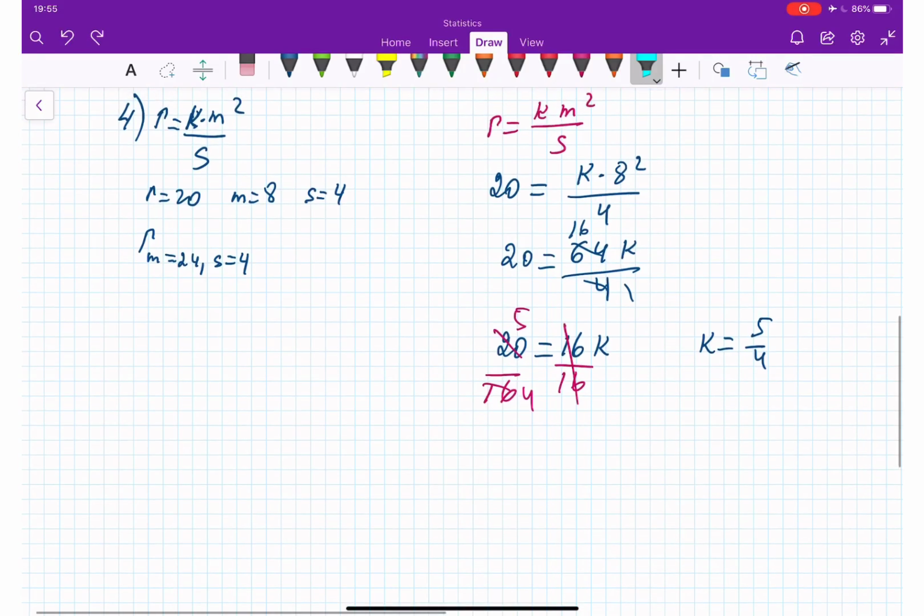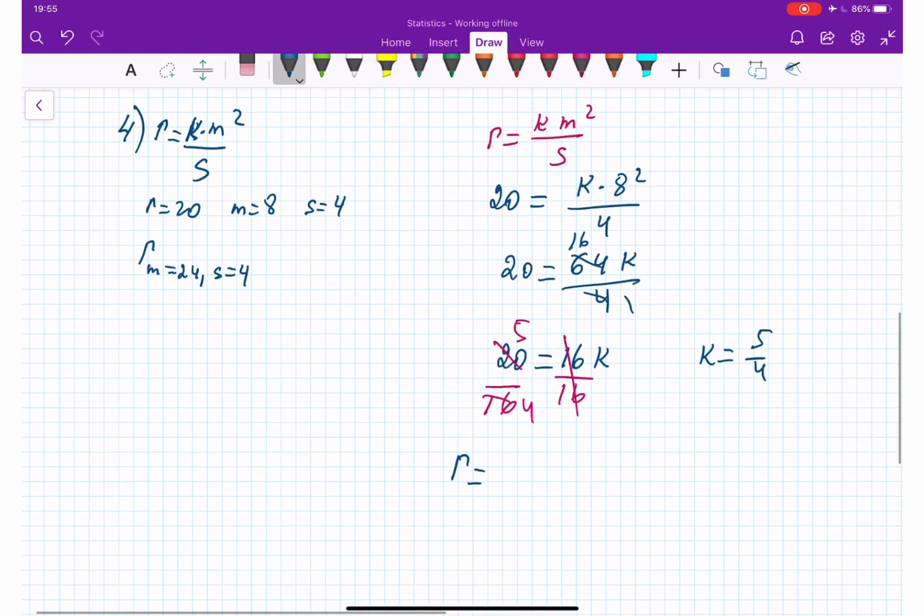Now let's find r for m equal to 24 and s equal to 4. So r is going to be equal to k, which is 5 over 4, times m squared, m is 24, so 24 squared.